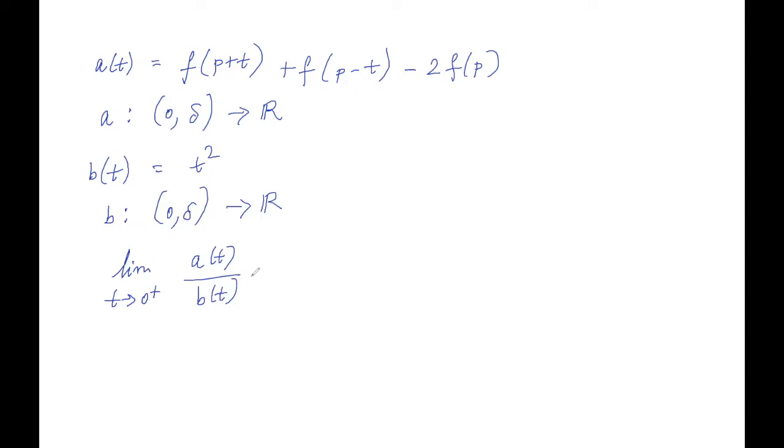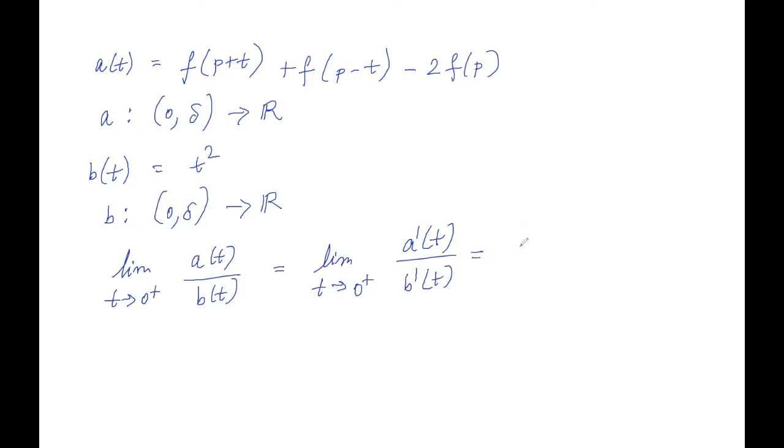Now let's find out the limit as t tends to 0 plus of a of t by b of t. You can see that this is of the form 0 over 0, so we can apply L'Hopital's rule, and this would be equal to the limit as t tends to 0 plus of a dash t by b dash t, provided that the limit on the RHS exists.